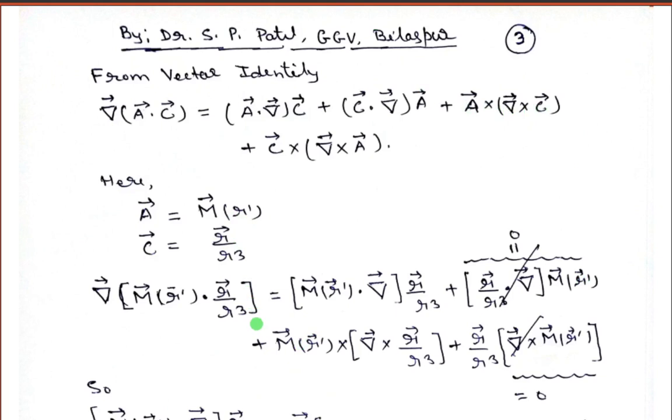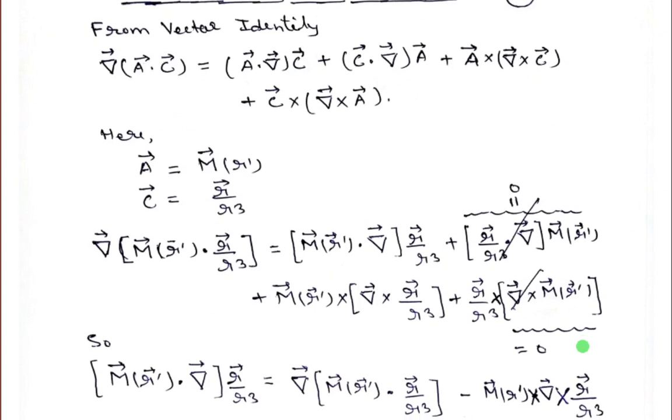That is, capital M vector cross product (del cross r vector upon r cube), plus again c cross (del cross A). So that is r vector upon r cube cross (del cross capital M vector), which is a function of r prime. Okay, so this is what we have obtained.